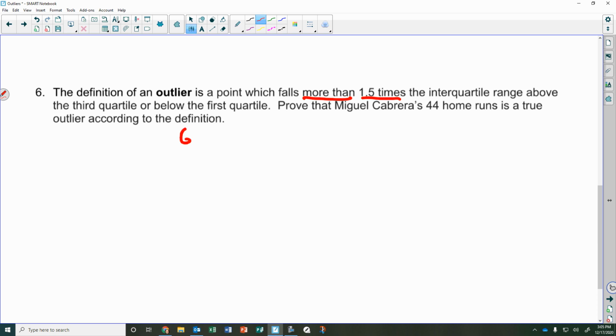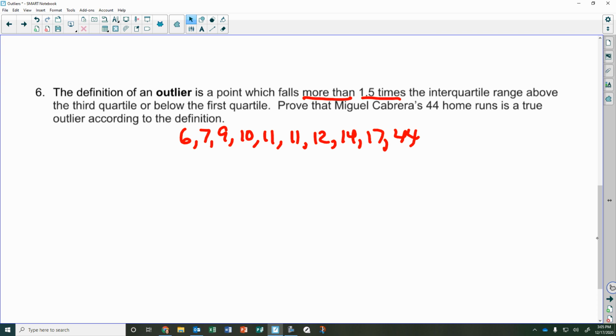Well, again, if I put the data down here again, all right, and I know the median was right here, which splits this data into 2 sets. So here is quartile 1, and here is quartile 3, right?